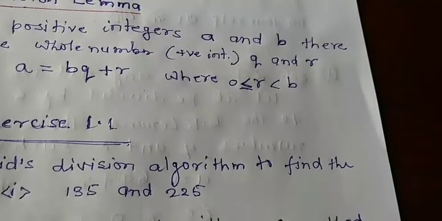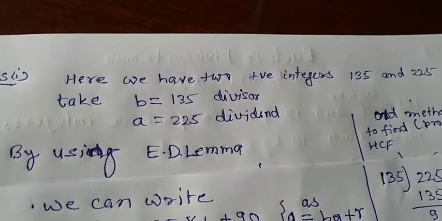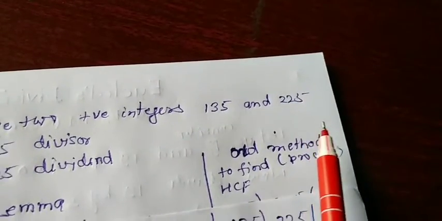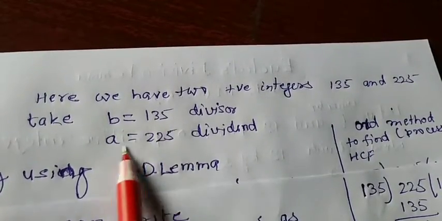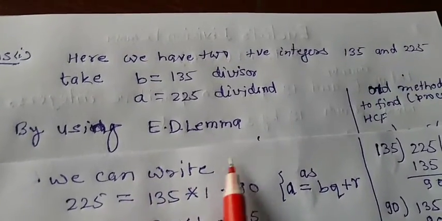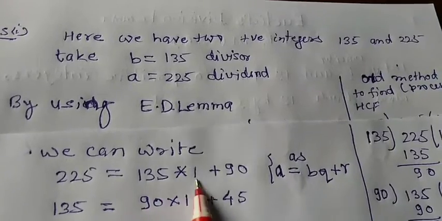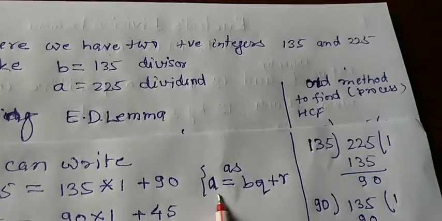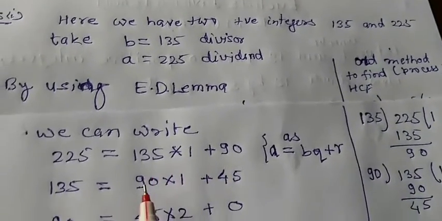See here we have two positive integers, 135 and 225. So let B = 135 and A = 225. By using Euclid's lemma, we can write 225 = 135 × 1 + 90, as we have A = BQ + R. Now what is to be done in the next step?